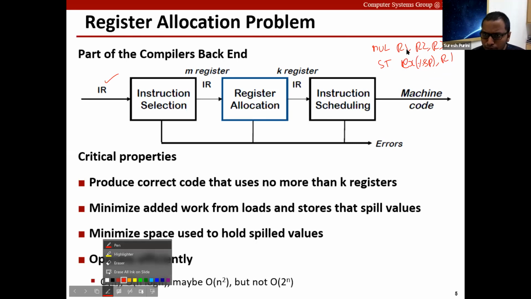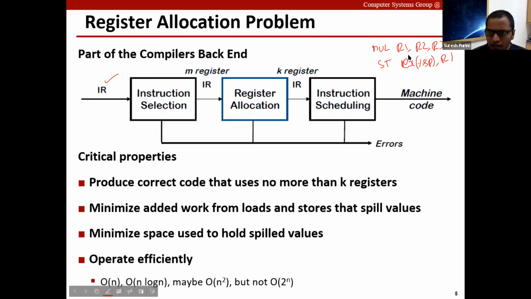The value produced by the multiply instruction acts as a source operand for the store. But the multiply instruction can take some 30 clock cycles in the processor, and so the store instruction has to wait till the multiply instruction is finished.